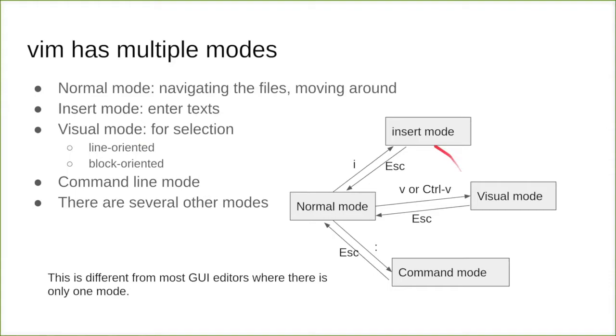And to switch back and forth between different modes, for example, most of the time you are in the normal mode in Vim, and then you press the key I, it will jump to the insert mode where you can enter text. And to come back, you just hit escape, which is on the upper left corner of your keyboard. And you press V or Control V to enter the visual mode, depending on whether you want to mark a paragraph or a block.